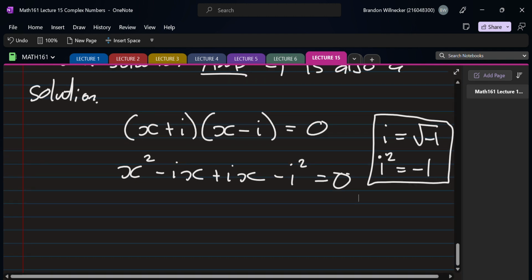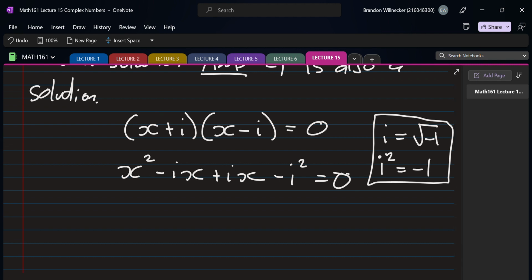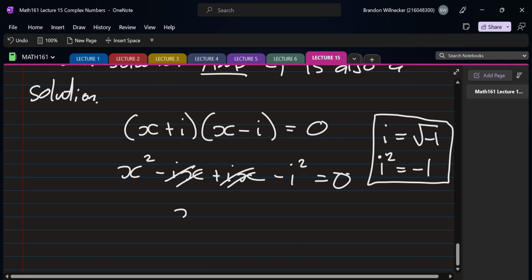And we'll see later on, if you square a complex number, you get back a complex number. Okay. Now the nice thing with this, the minus ix and the plus ix, they cancel, and the i squared, that's going to be minus 1. So we have minus minus 1, and that'll be plus 1. Okay, which is what we wanted to show. So indeed, this plus i and minus i are the roots of this polynomial.